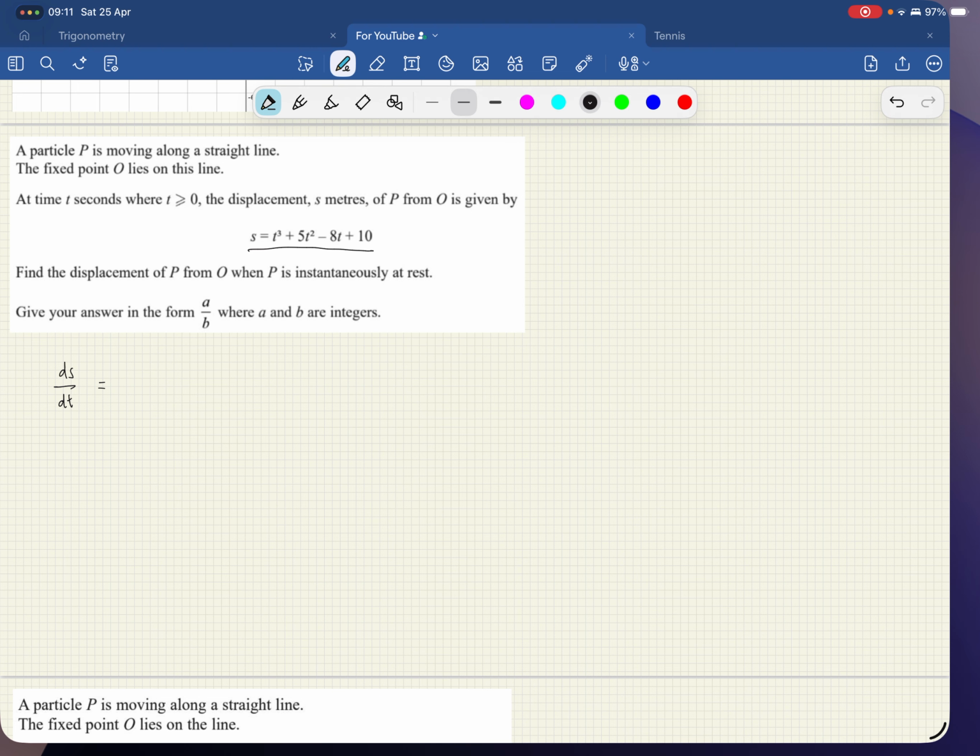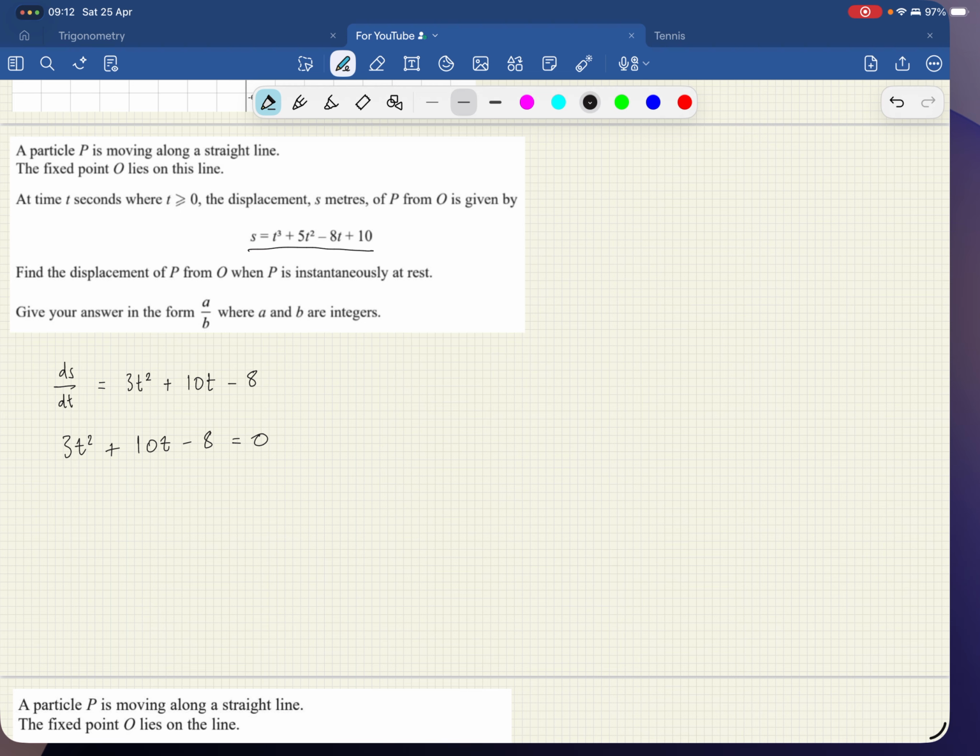And that's going to give us 3t squared plus 10t minus 8. And we want to find out when this velocity is 0. So we set 3t squared plus 10t minus 8 equals 0 and find out what the t is.